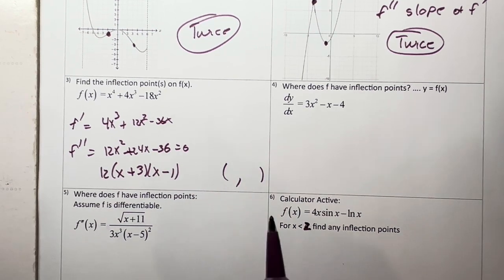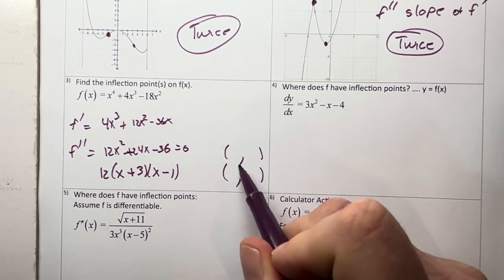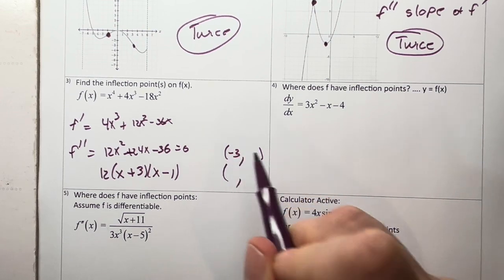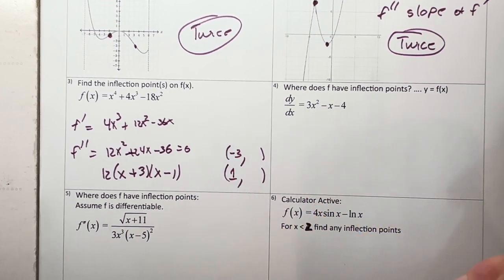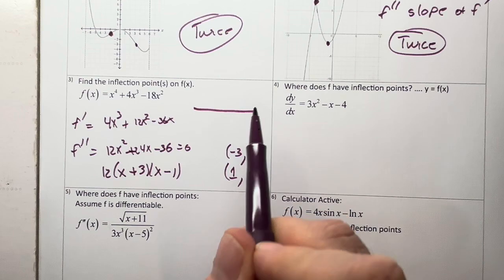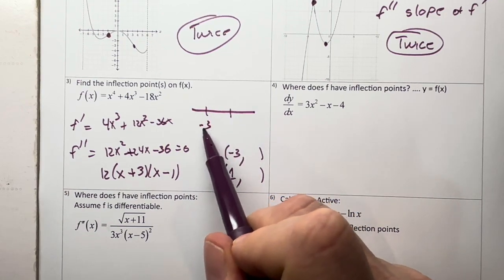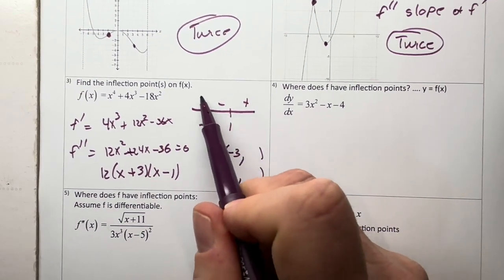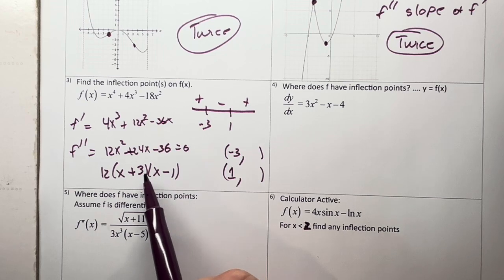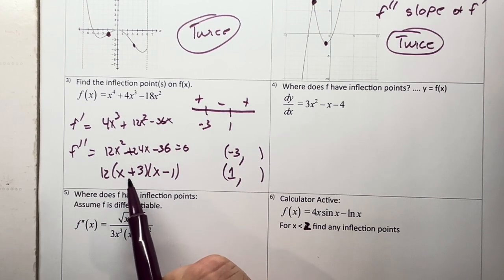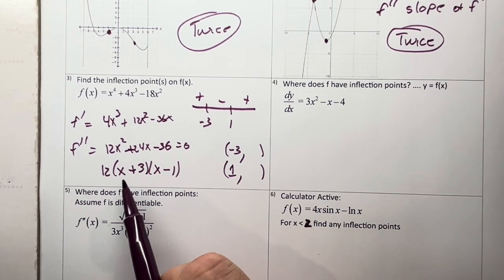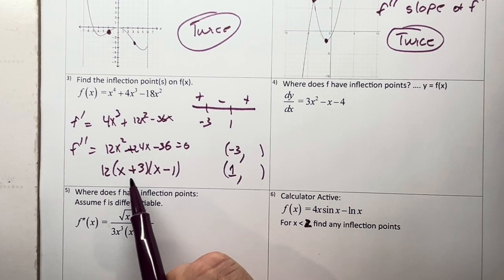So I like that. There are actually going to be 2 points of inflection, one at -3 and one at 1. If you were to do a signed number line, you will have 2 points of inflection. If either of these had an even exponent, then it would not be a point of inflection.